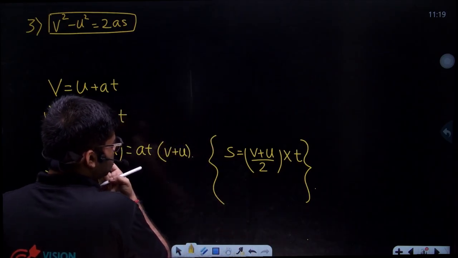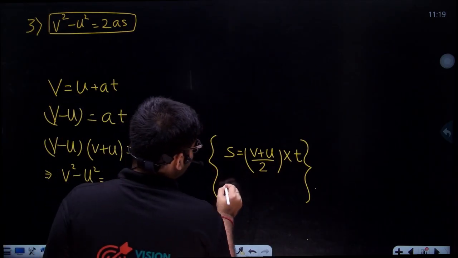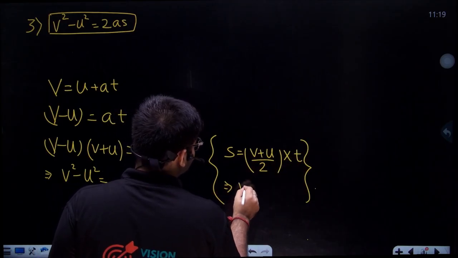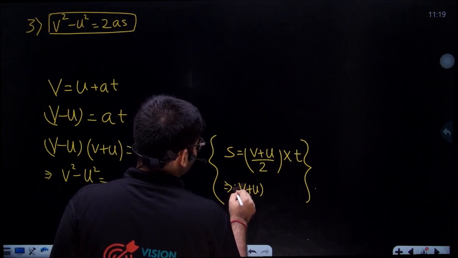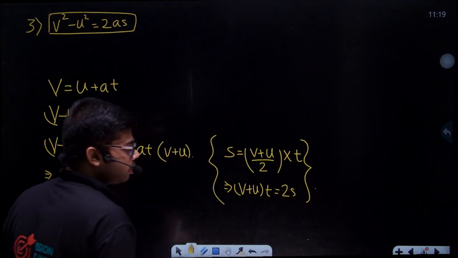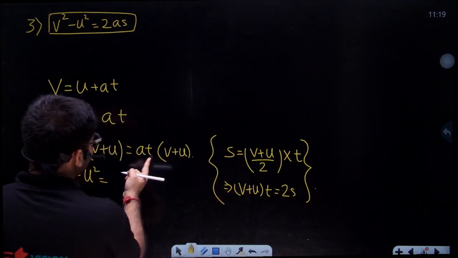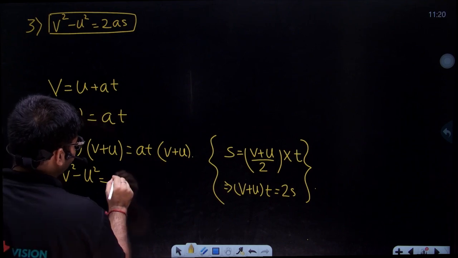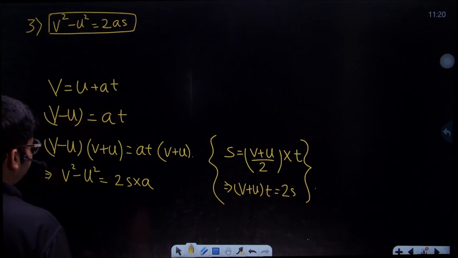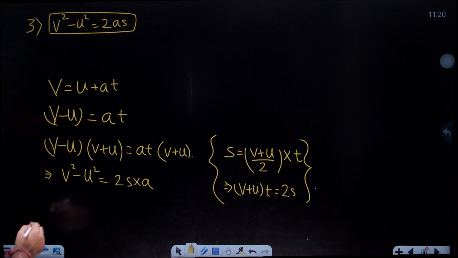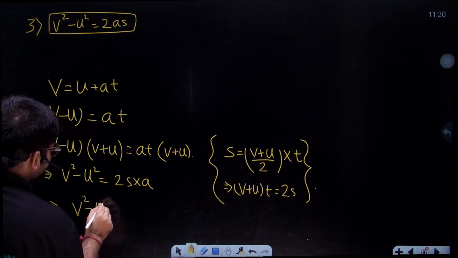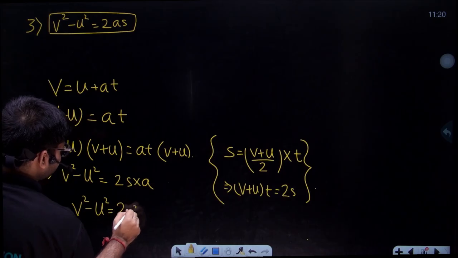Then V plus U into t is nothing but 2s. So I now put this V plus U into t as 2s, and we have our third equation, which is V square minus U square is equal to 2AS.